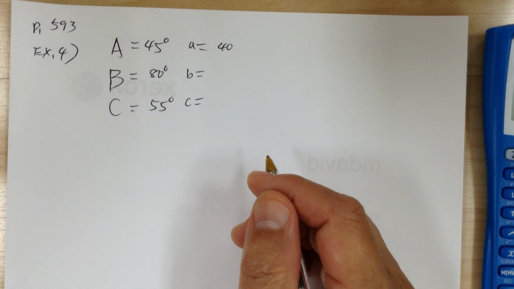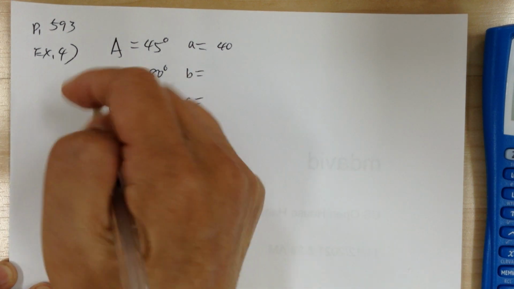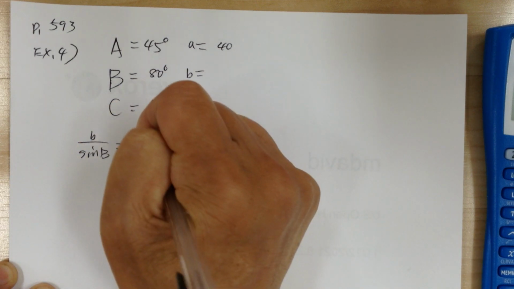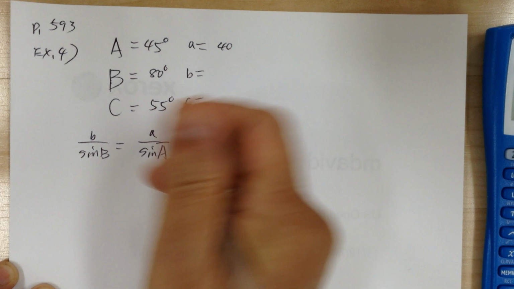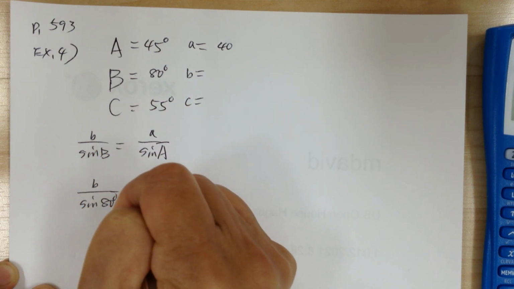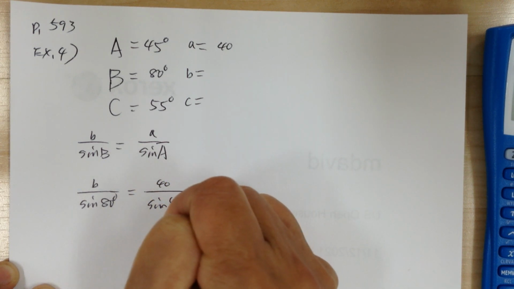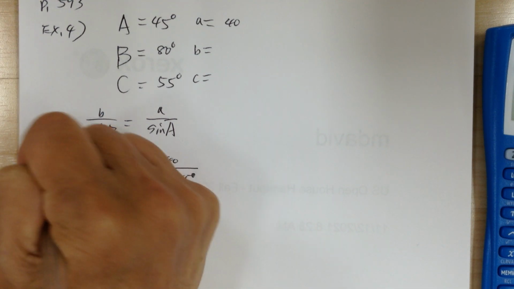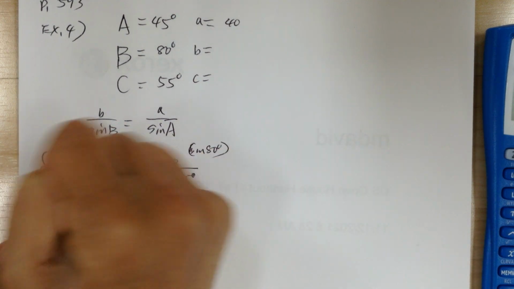So let's do B. B over sine B equals A over sine A. Just substitute: B over sine of 80 degrees equals 40 over sine of 45 degrees. Multiply by sine of 80 degrees on both sides, so this will cancel out.